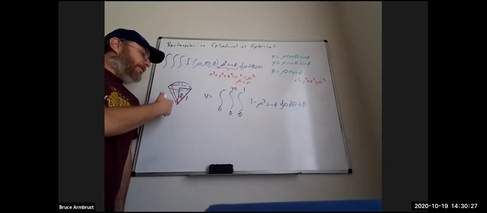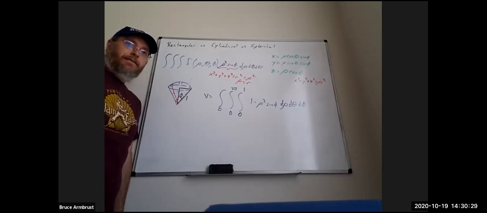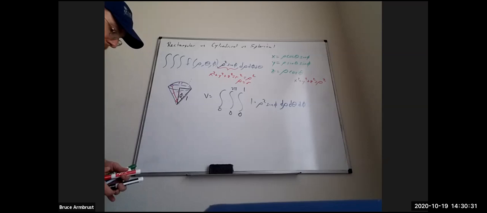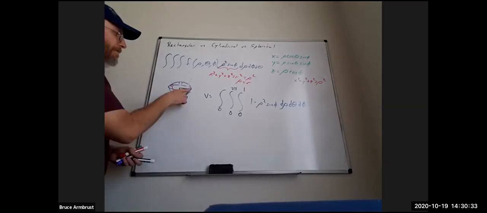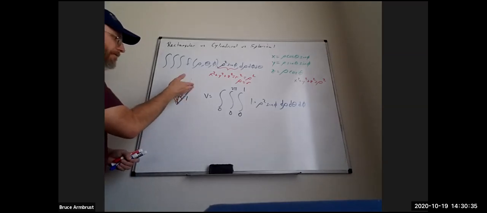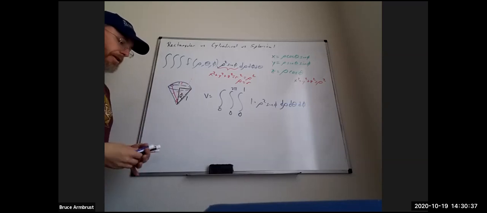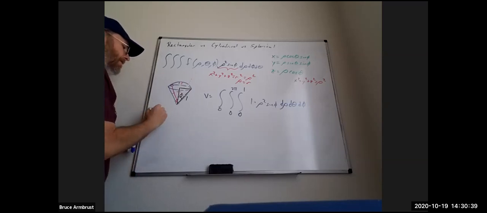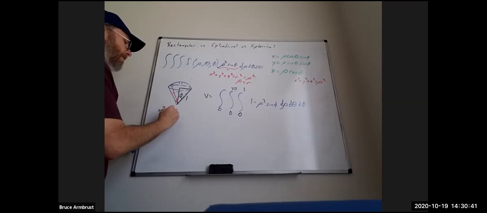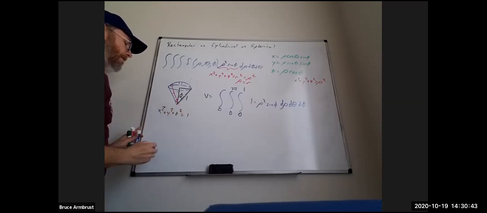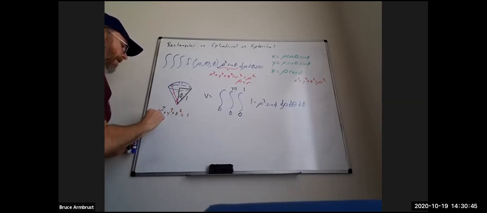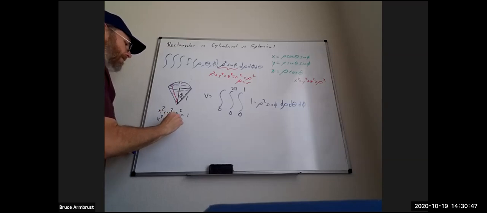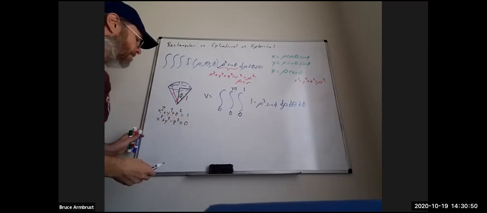I'm going to suggest that we find z. Because check this out. Basically, we need to figure out where the intersection of the cone and the sphere are. The sphere was x squared plus y squared plus z squared equals 1. The cone was x squared plus y squared minus z squared equals 0.